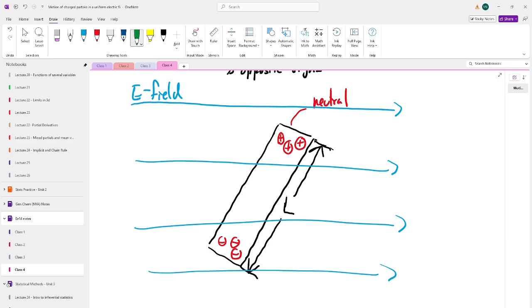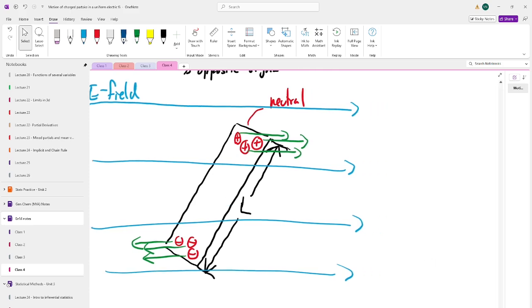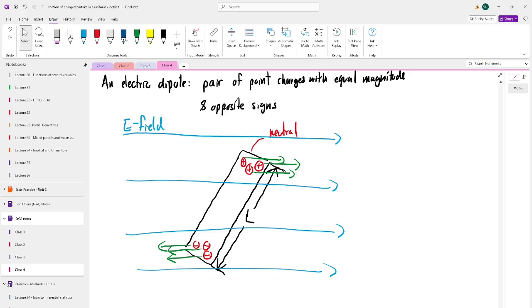Why does it experience no net force? Well, these positive charges each are experiencing a force like that, so we have three forces moving in that direction. But we also have three forces moving in this direction. And because those charges are of equal magnitude, these forces are all going to cancel out.